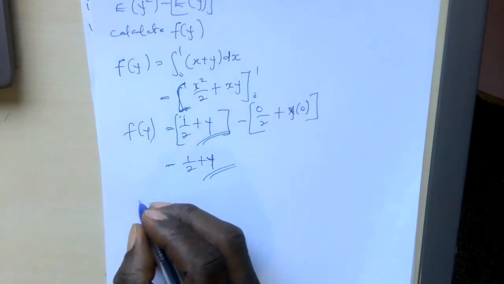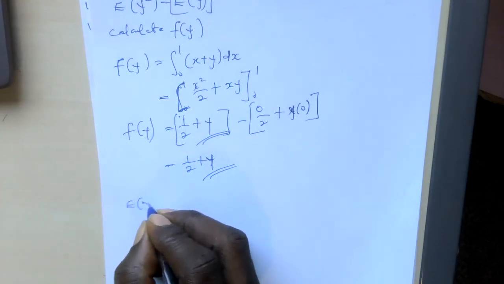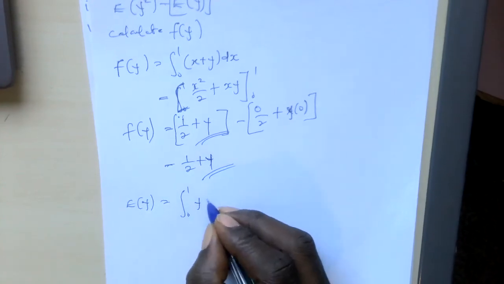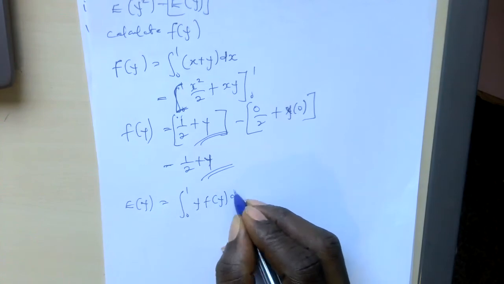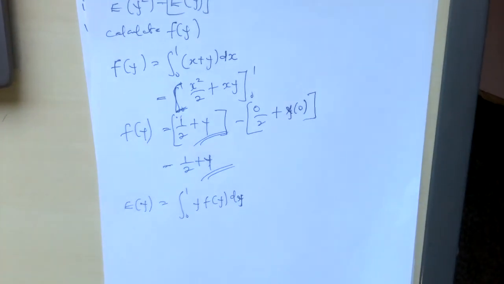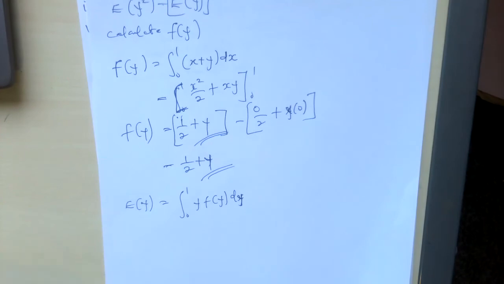So the expected value of y is the integral from 0 to 1 of y f of y dy. All these formulas, you need to remember them. Formulas are important.